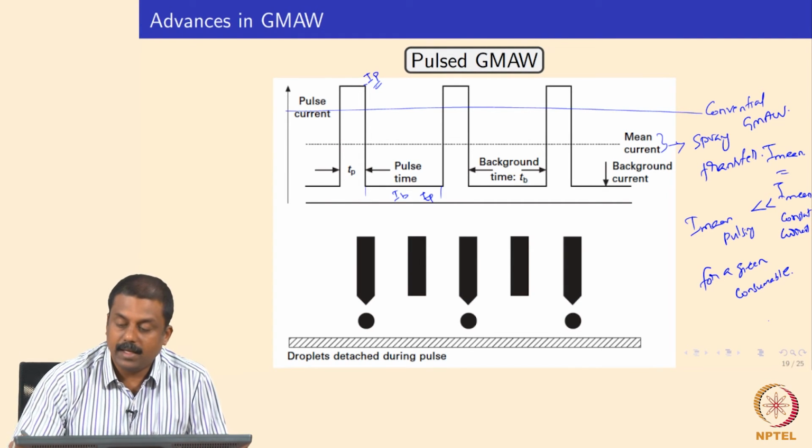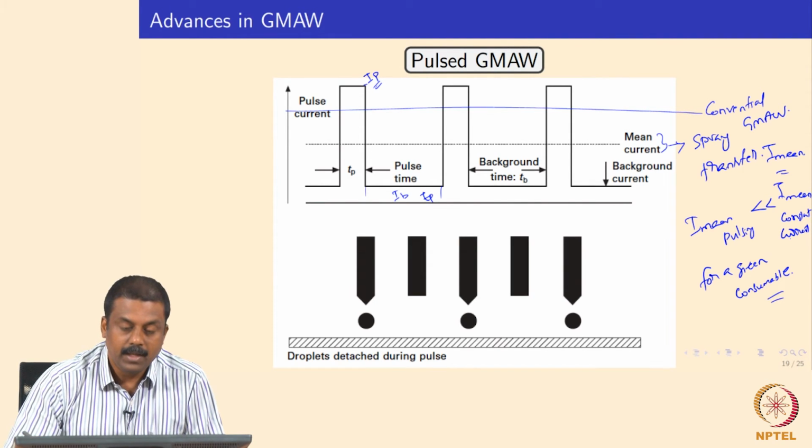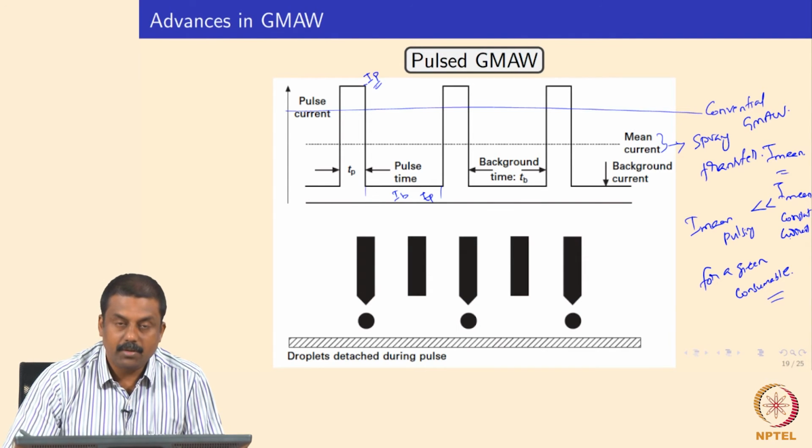So in this case we can also control the heat input because the Imean decreases significantly, and therefore you can also reduce the damage done in, for example, the heat affected zone microstructure, and of course you can also reduce the dilution, as well as, if you are doing a dissimilar welding of aluminum and steel, you may also reduce the intermetallic formation by reducing the heat input.